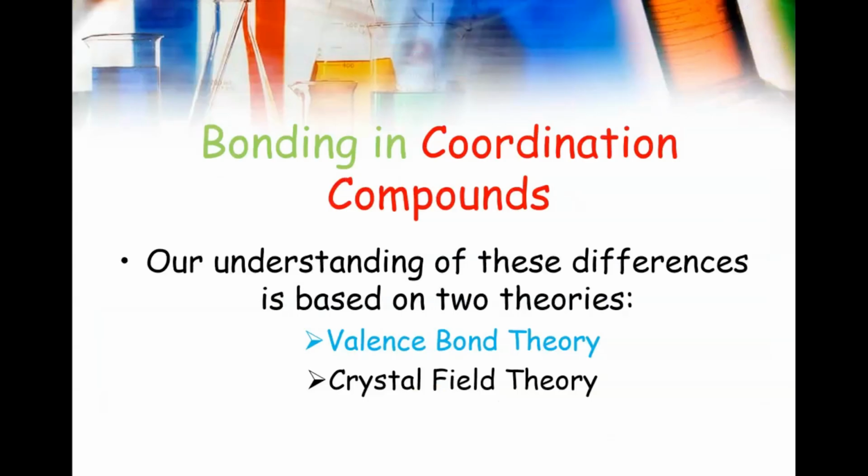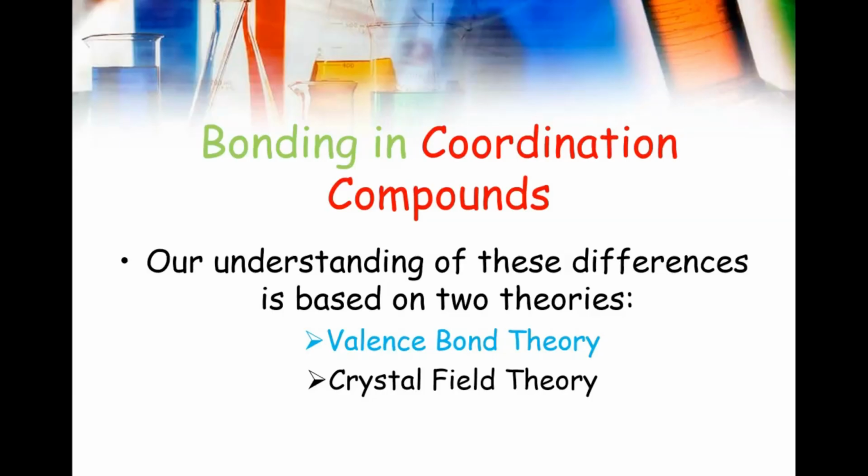So for understanding the bonding in coordination compound, we need to learn two types of theory. The first one we call valence bond theory or VBT, and the second one is crystal field theory. Today we will cover the first part, which is the VBT.